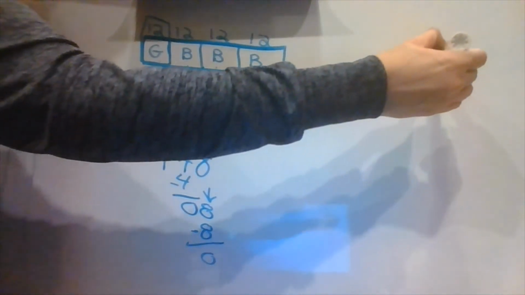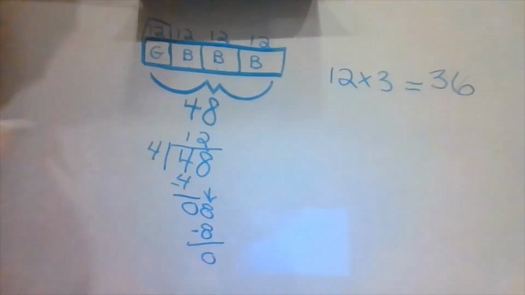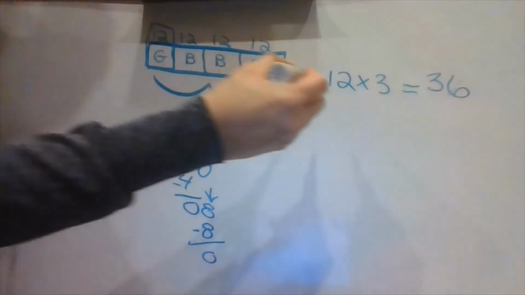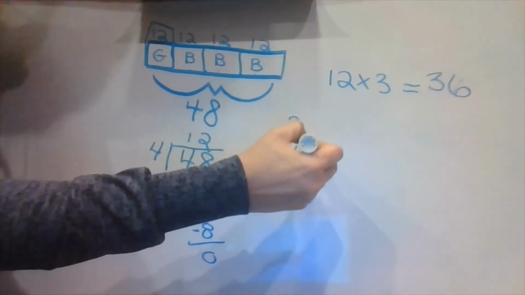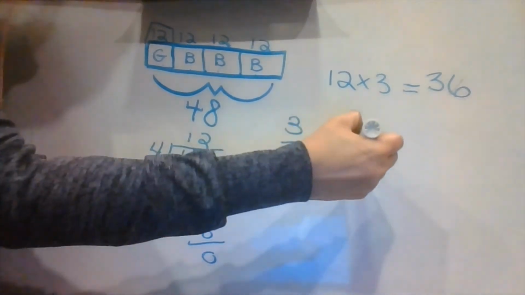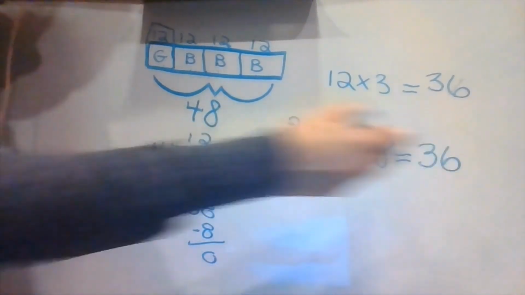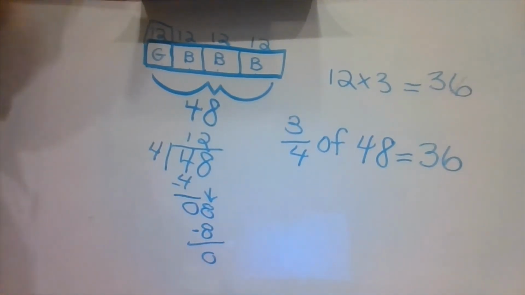You'll see that 36 of the kids going on the field trip are boys. So that means 3/4 of 48 is 36, and 36 kids going on the field trip are boys.